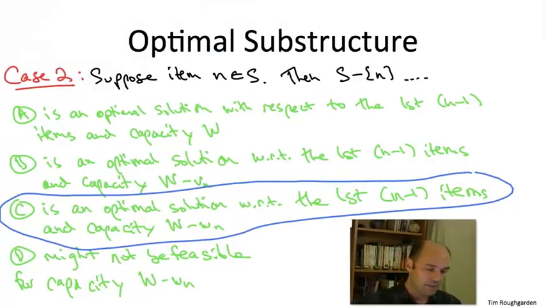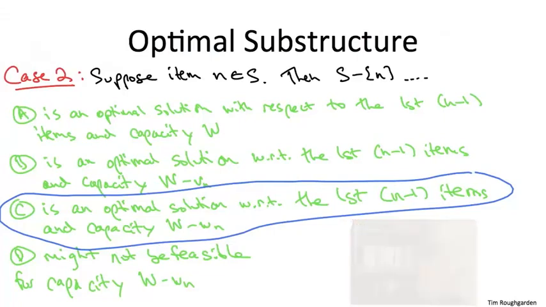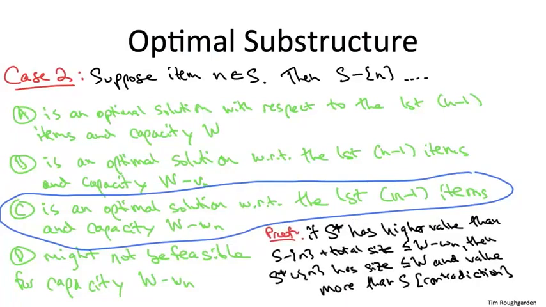All right, so why is capital C correct? Well, this is going to have the same spirit of case 2 of our weighted independent set thought experiment. Let me give you the proof. The proof is going to be the usual contradiction analogous to case 2 of our argument in the weighted independent set problem. Suppose there was something better than S with n removed, with the residual capacity capital W minus little w sub n.